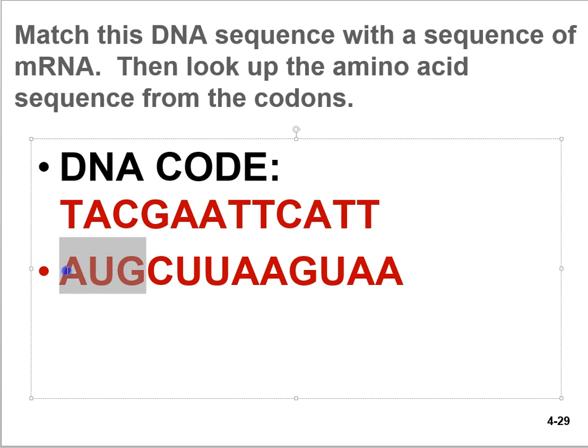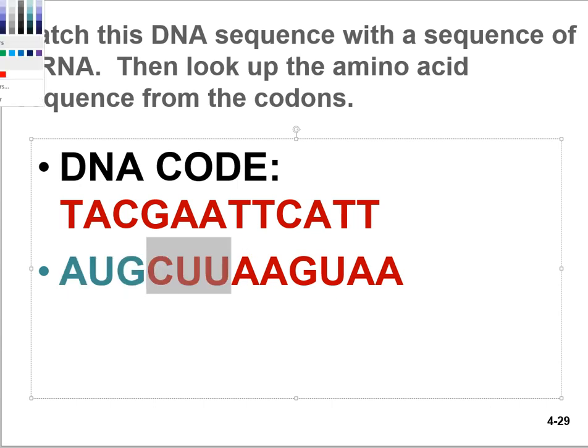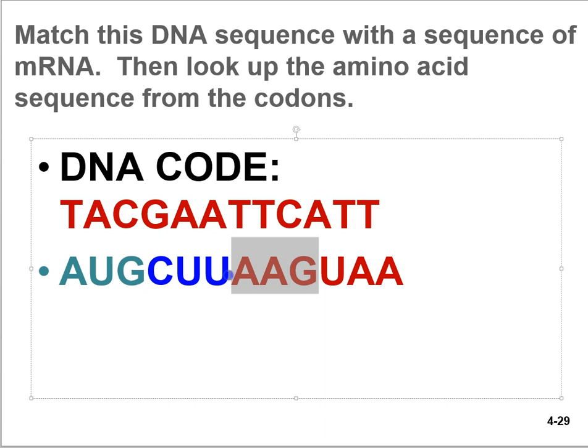Now, every three of these is a codon. I'm going to do that by color so you can see them. Just picking some random colors here.